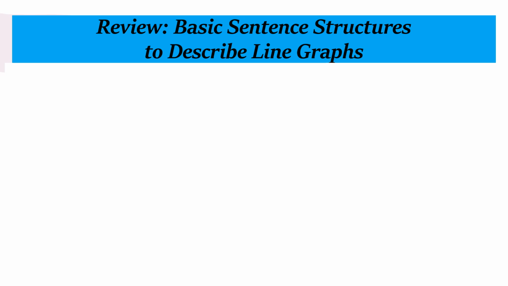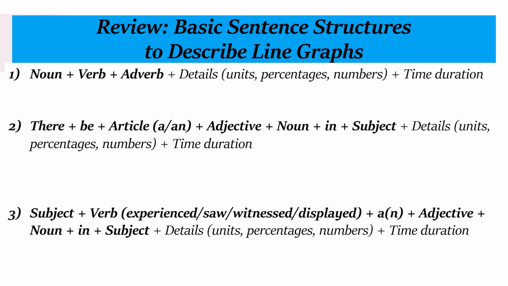Before we conclude, remember that these are the basic sentence structures you can use to describe trends in line graphs. First, get the structure right. Then add the necessary details such as numbers, percentages, and time duration as needed.